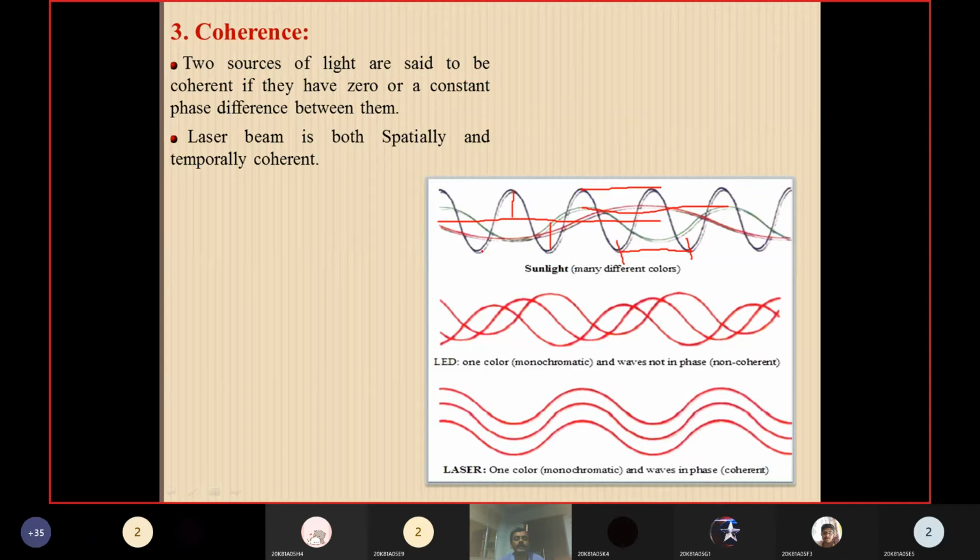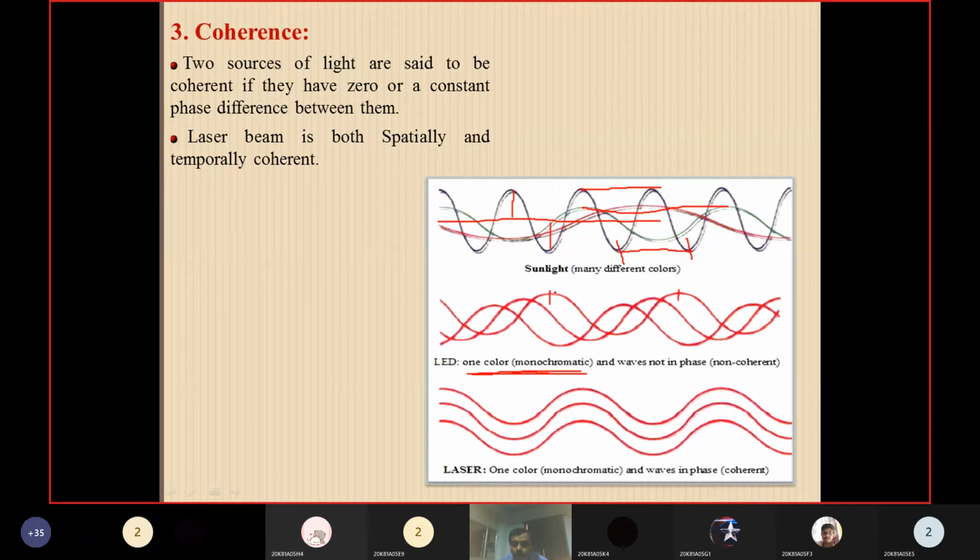Now coming to the LED. An LED has one color, which means it is monochromatic. Monochromatic is nothing but a constant wavelength. So the wavelength is the same. See here, this is one wave, and this is another wave. It ended here.